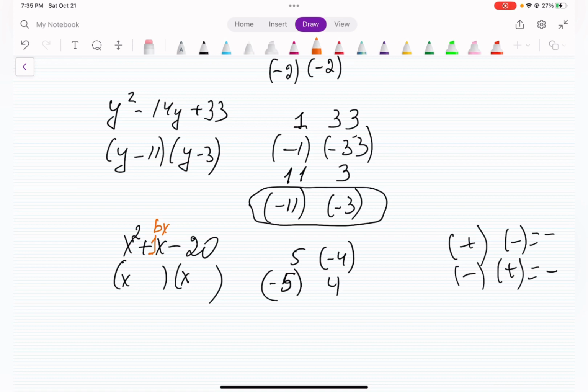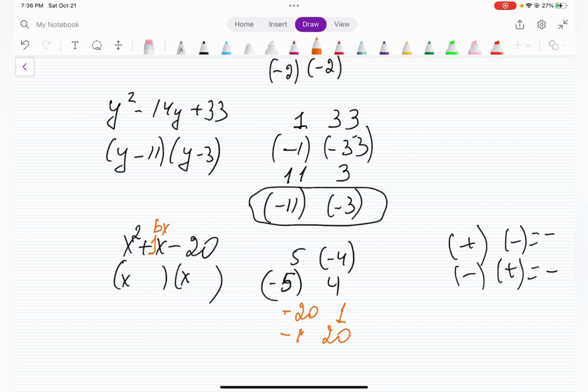Since we have 5 and 4, I don't even need to break down -20 into +1, -1, +20, 10 and 2, and so on. We need two numbers whose difference is 1, following each other in sequence.